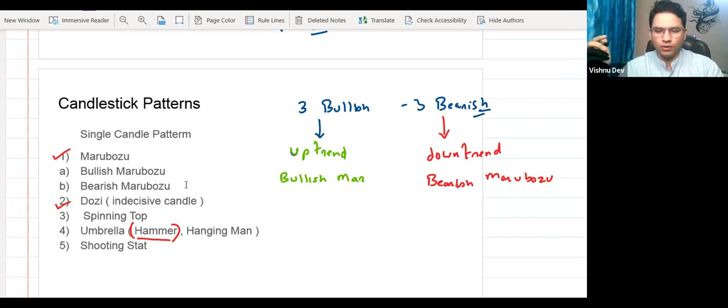There are many types of candlestick patterns. Some are single candlestick patterns. Some are multiple, of 2 candles or 3 candles.